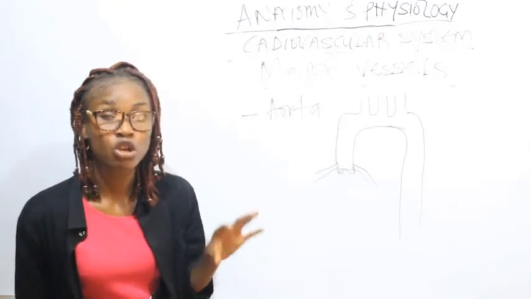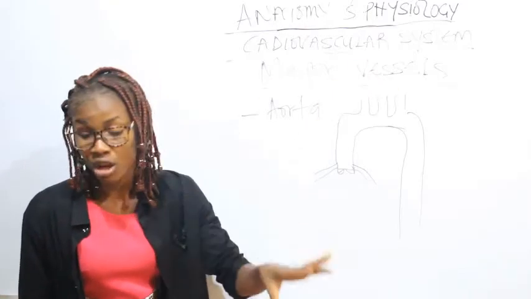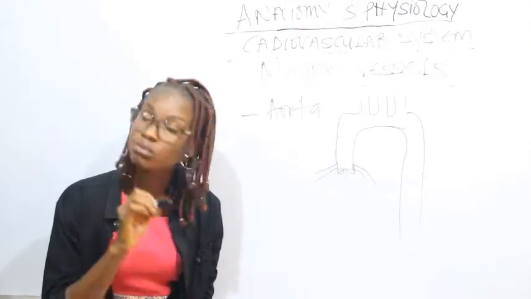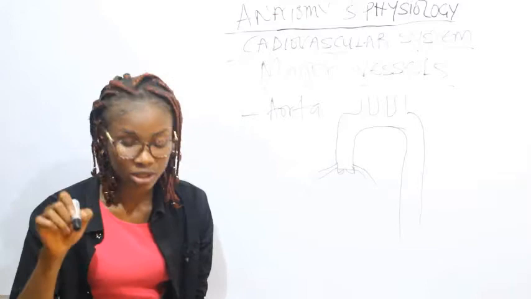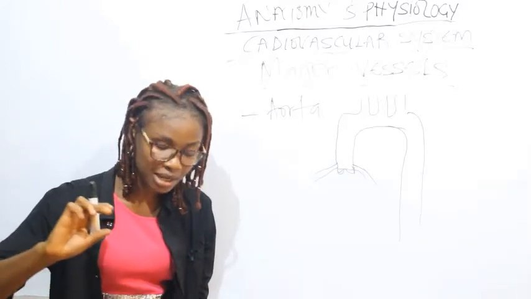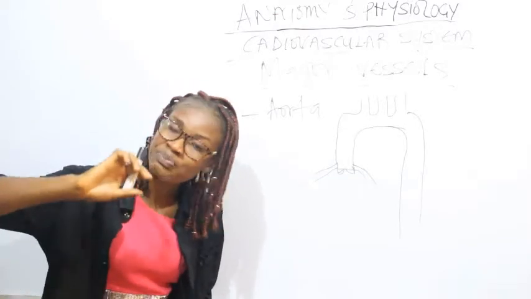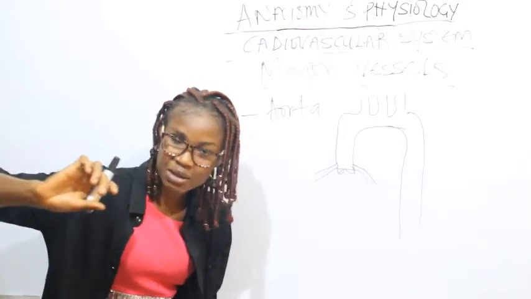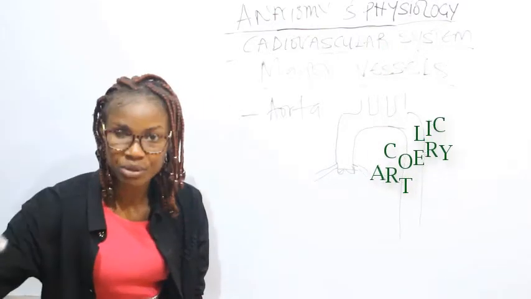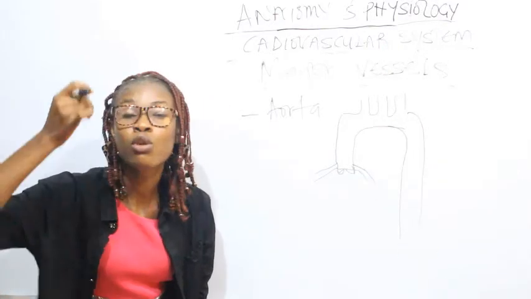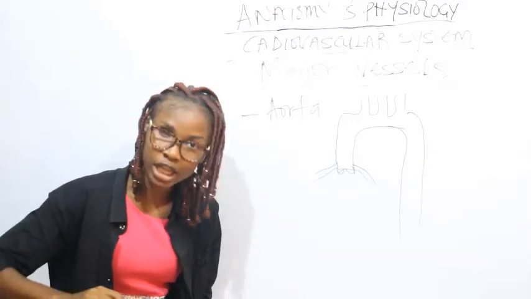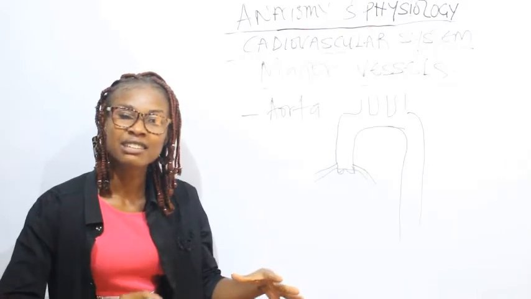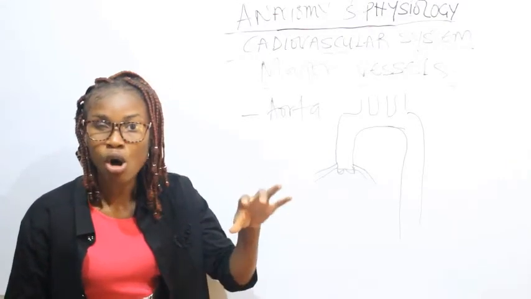Now, one thing about these unpaired branches of the abdominal aorta is that they are from a particular branch that is immediately after the diaphragm, just immediately below the diaphragm. They are branches of the coeliac artery. So called coeliac artery.